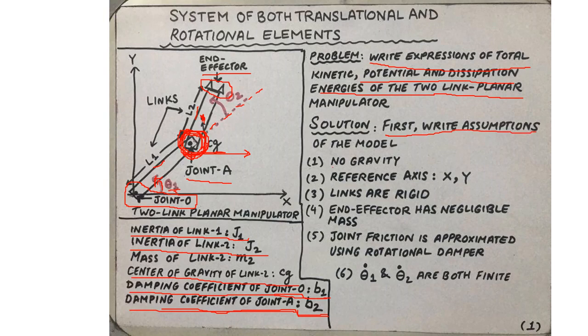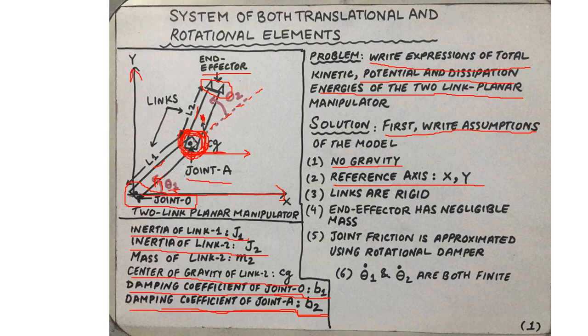We are going to assume that there is no force responsible for the gravitational pull on the links. Therefore, the gravity is not going to be modeled. Then we need to define the reference axis system, which in this case is fairly straightforward. We have an x-axis and we have y-axis.